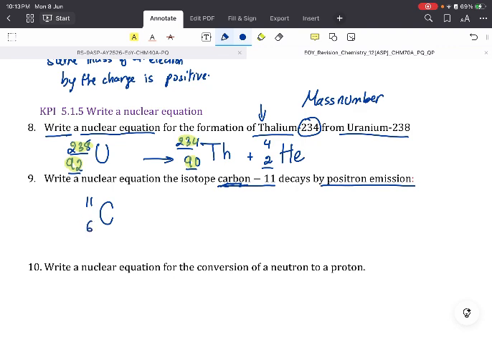I'm gonna go and show it to you, and it's gonna decay, it's gonna change into another atom, another nucleus, and there is positron emission. As I said, the positron is e 0 plus 1. Now let's see what's gonna happen. This is 11 and here is 0. It means again I still have 11. Now this is 6. It's gonna be 5 plus 1 to remain as 6.